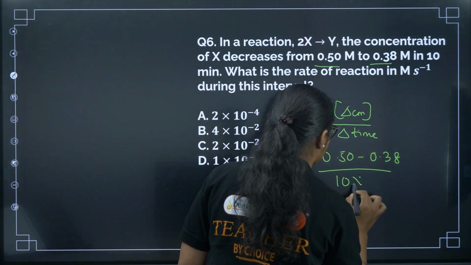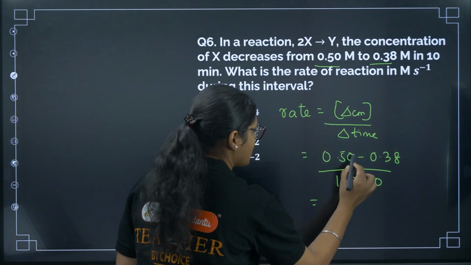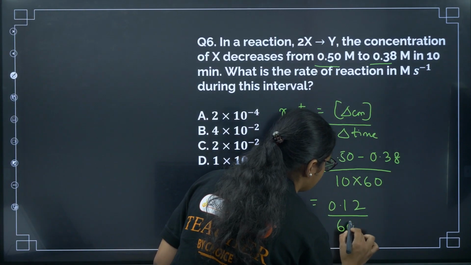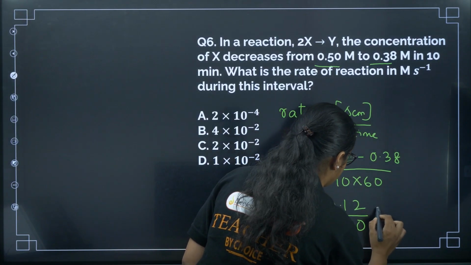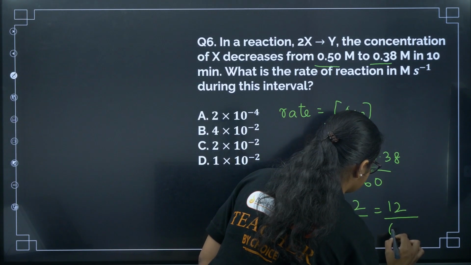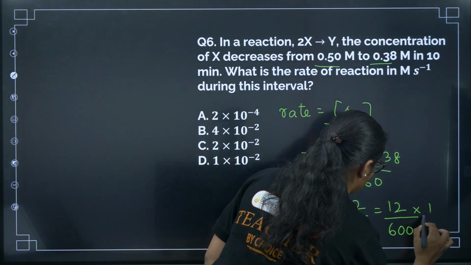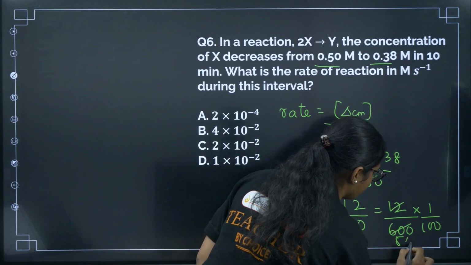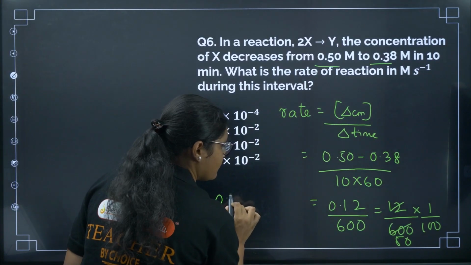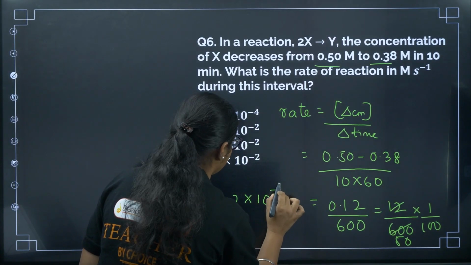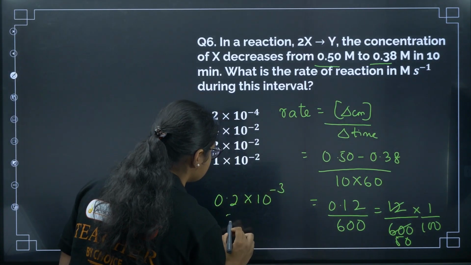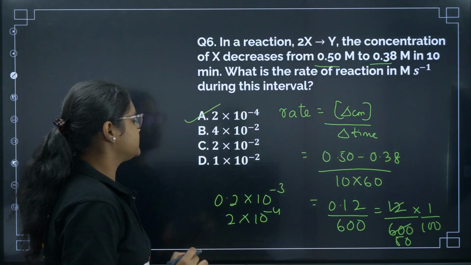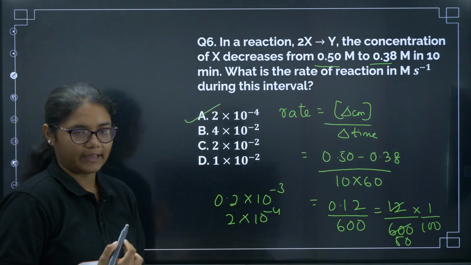So 10 minutes we will convert it into seconds. So now we will get 0.12 divided by 600, or we can write it as 12 by 600 into 10 to the power of 2. So I'll get 1 by 5, that is 0.2 into 10 to the power of minus 3, or I can write it as 2 into 10 to the power of minus 4. So the correct answer for this question will be option number A, okay.